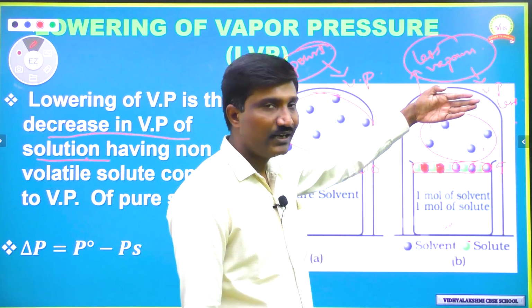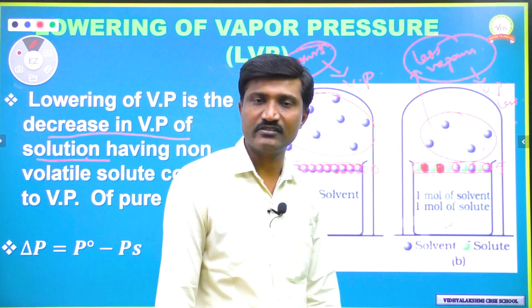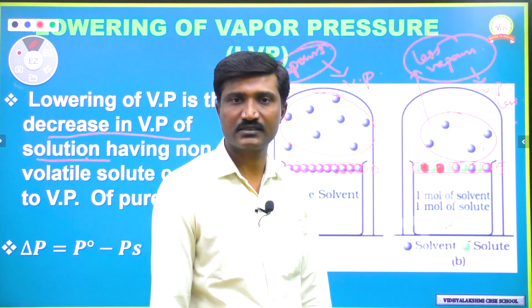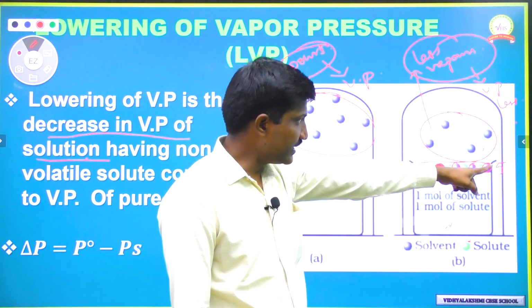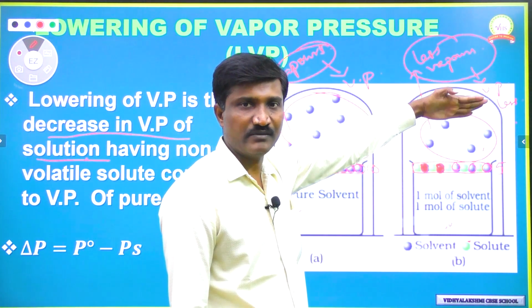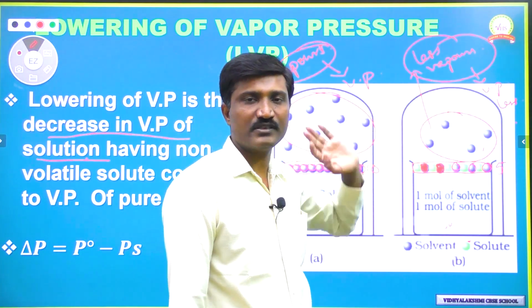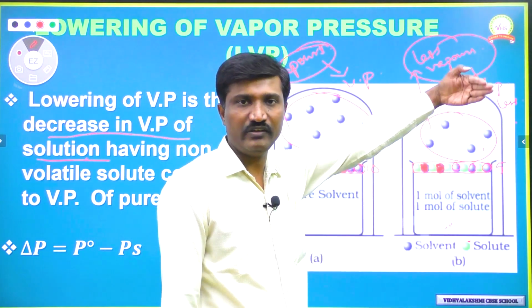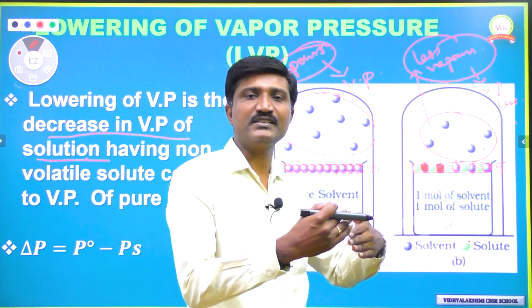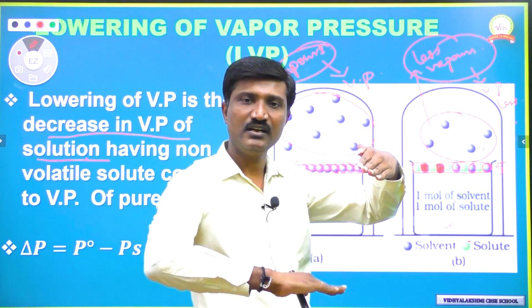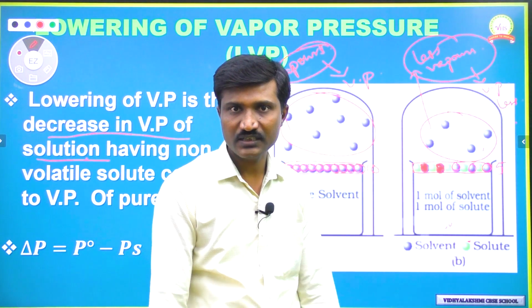So does the number of vapor molecules further decrease or increase? Yes, it decreases. In the earlier case 5 vapors were present, but in this case only 3 vapors come to the upside, into the vapor state. So the vapor pressure exerted by those 3 vapors further decreases. Is it clear?